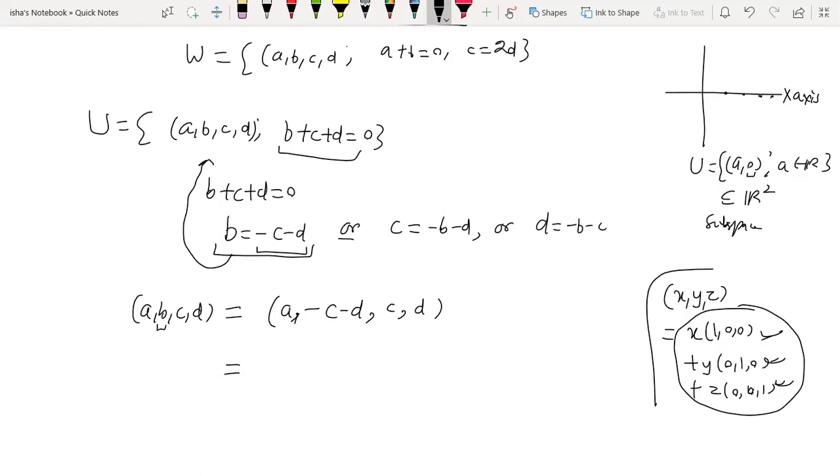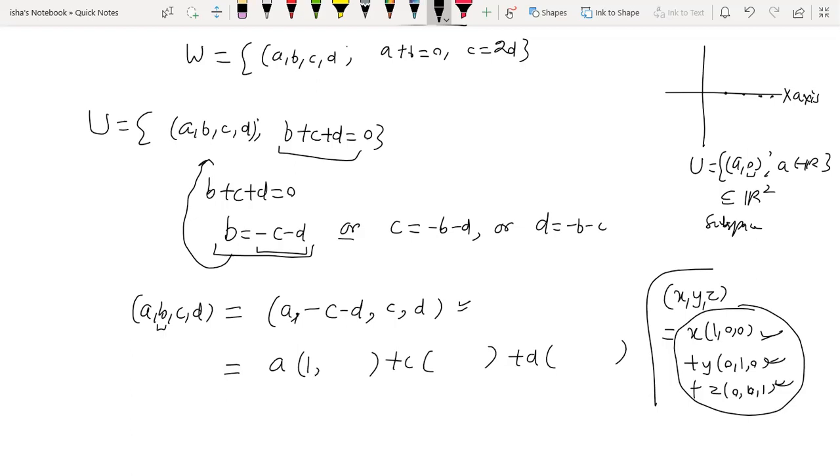Since there are three parameters, there will be three elements coming: a times something, c times something, and d times something, because this whole vector can be generated from these. All we need to know is what to write here. Obviously it is going to be a 4-tuple because the vector is from the same space, V4.